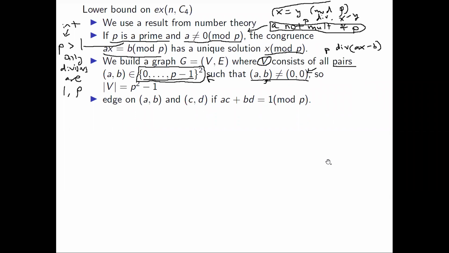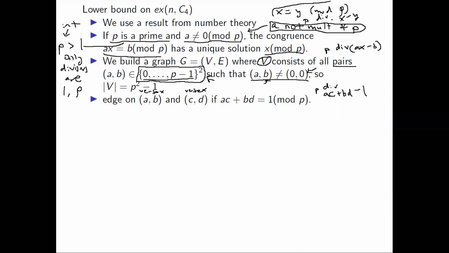So we will put an edge between the vertices. So we have two vertices here, a vertex AB and a vertex CD. And we'll put an edge between those vertices only if A times C plus B times D equals 1 mod P. In other words, P divides AC plus BD minus 1.